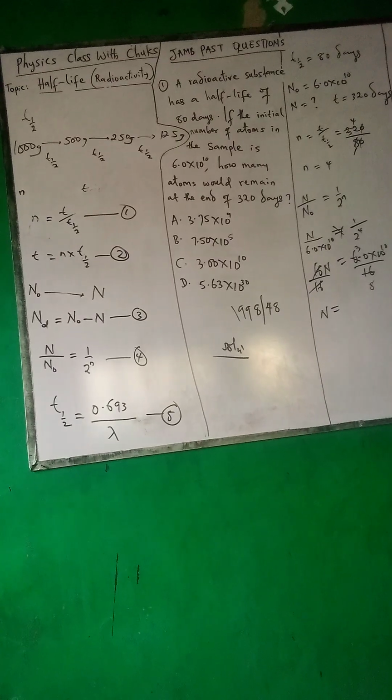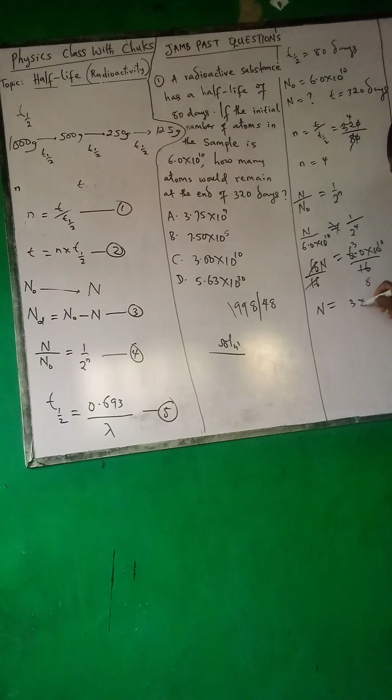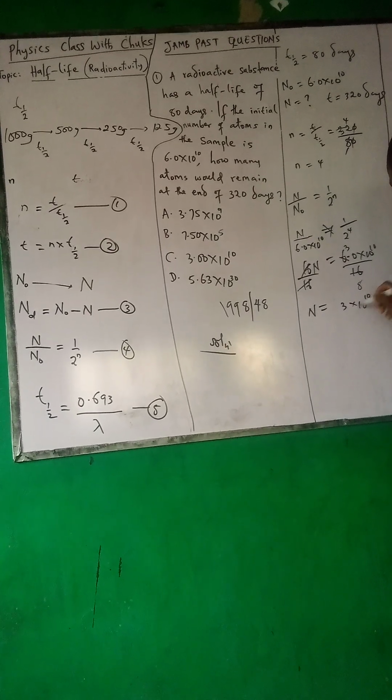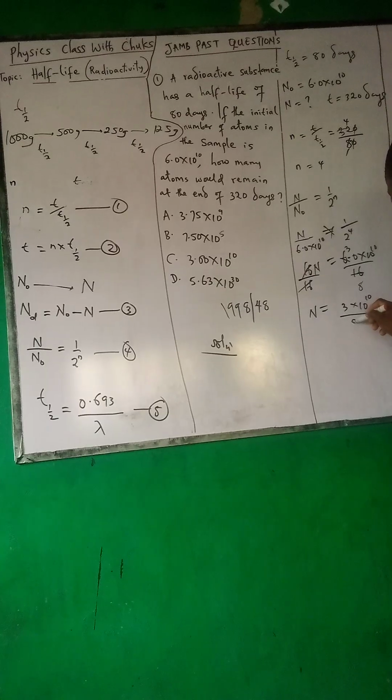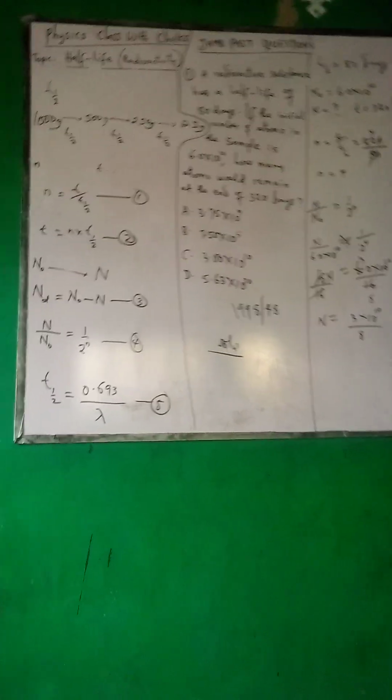Right? So we're having 3 times 10 power 10, all over 8. Let me use my calculator to divide this.